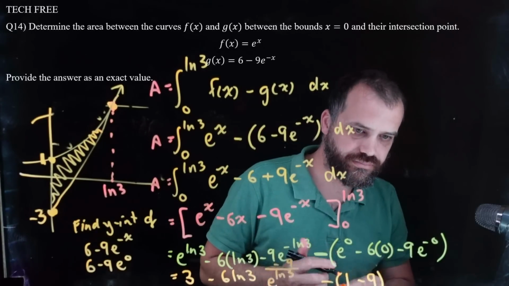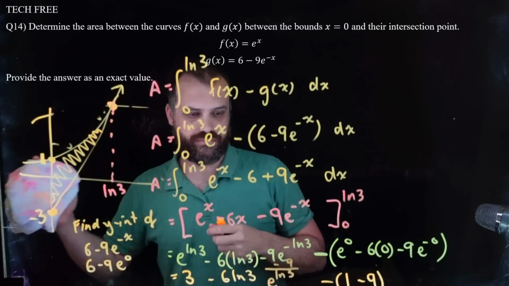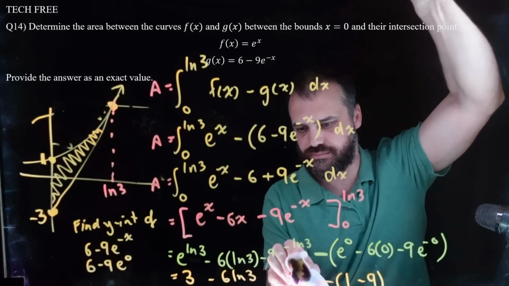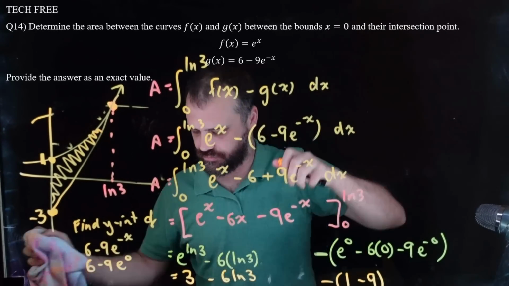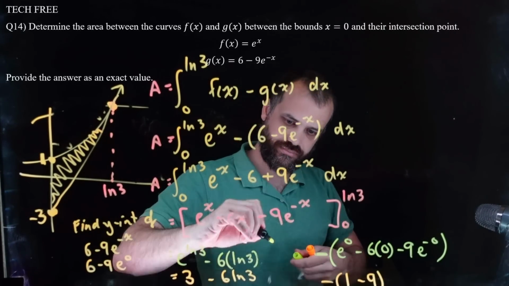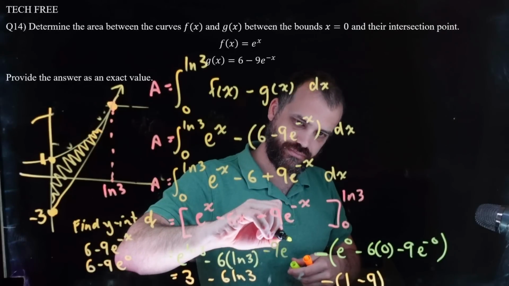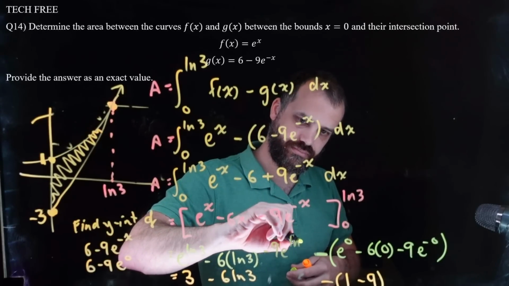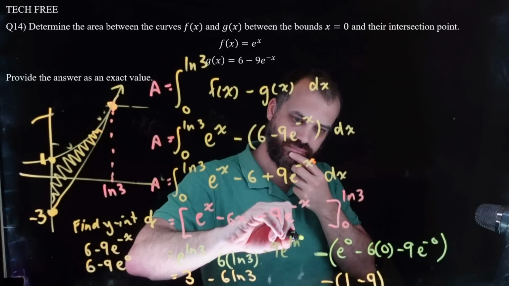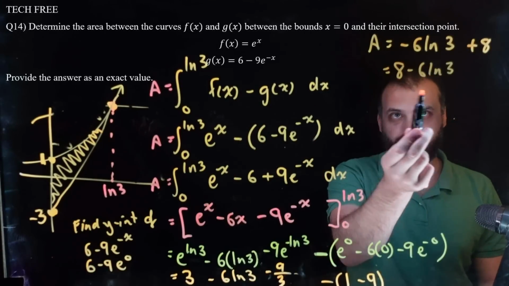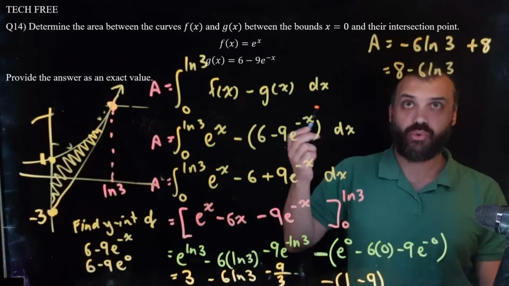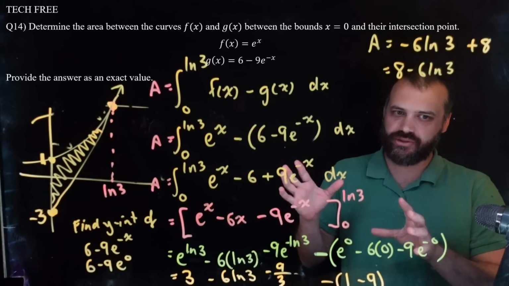And so then all I'm left with here is a negative 6 ln 3. That area, that one right there, is equal to negative 6 ln 3 plus 8. Probably more polite to write it in that order. A lot of steps there, but nothing we can't handle.